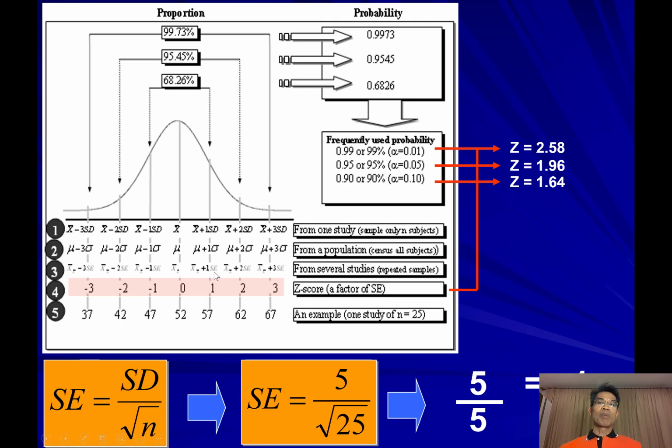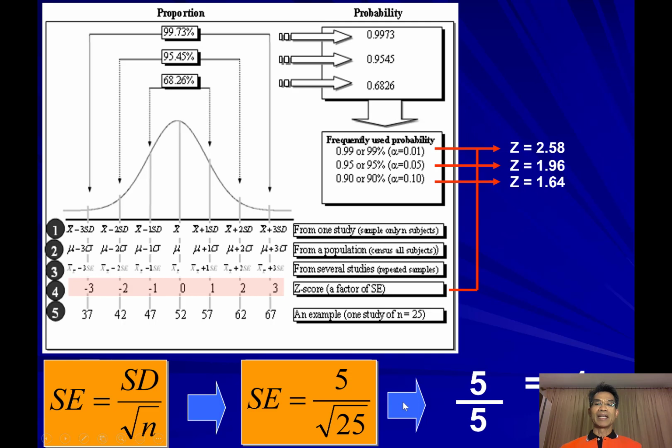And how about the standard error? Because we do not have many x bars to calculate the standard deviation of the x bar, or SE, we calculate by this formula: the standard error equals standard deviation divided by the square root of n.